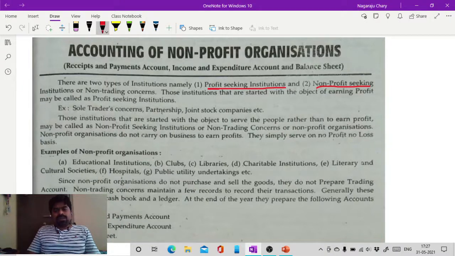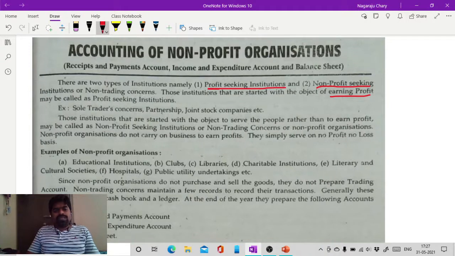Earning profit is the motto and objective of profit seeking institutions, also called trading institutions or trading organizations.